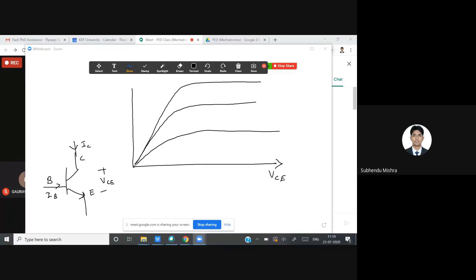In this region, as you increase the VCE value, the IC also increases. This is the saturation region.